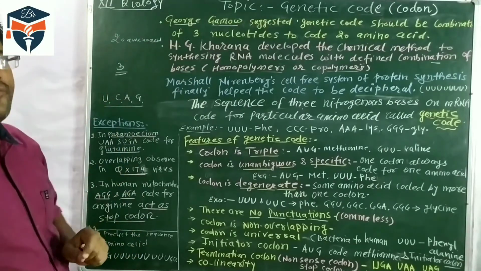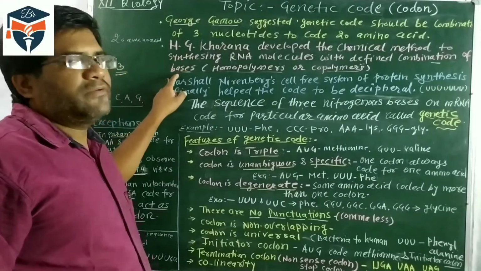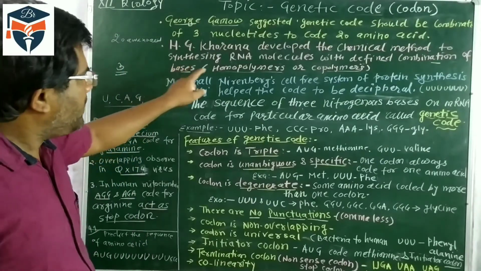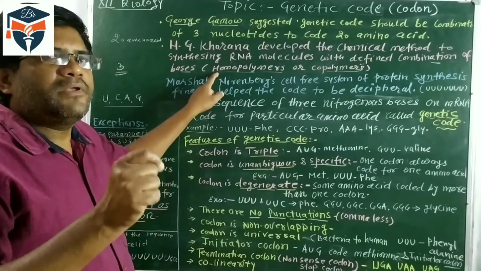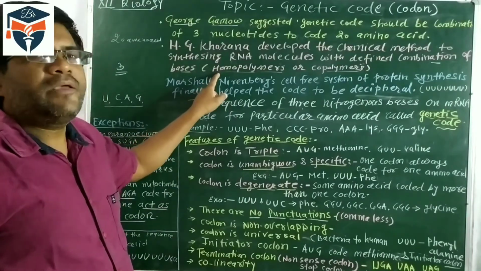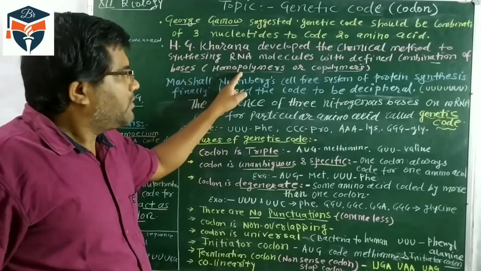He found that when an RNA molecule is synthesized, there are some specific combinations of the bases. The bases may be of a similar type, where only one base is repeated many times. It is made up of the same type of monomer, and that is called a homopolymer.